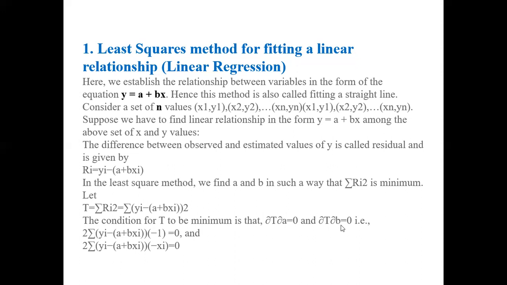For the partial derivative of t with respect to b, 2 into (yi - (a + bxi)), and the derivative of -bxi with respect to b is -xi, so this is equal to 0.